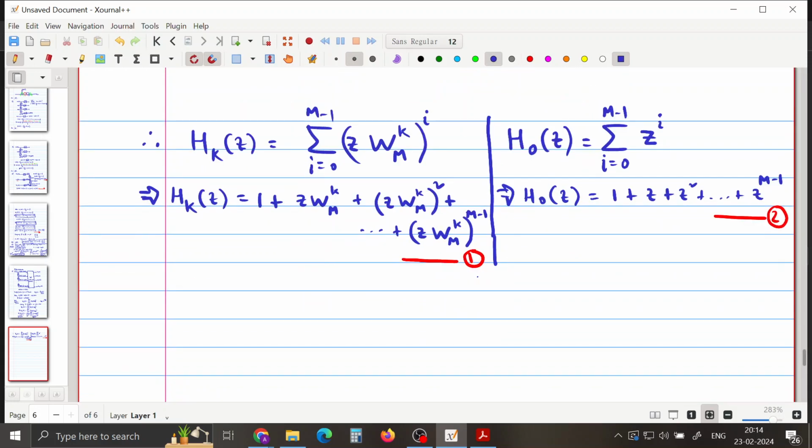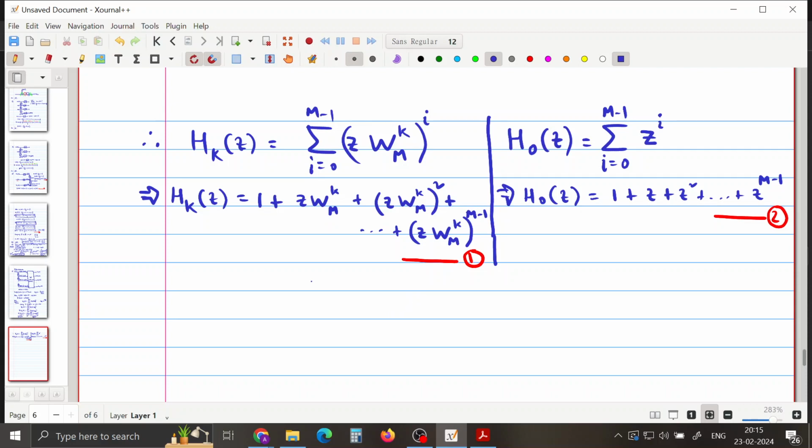If you compare these two equations, you can relate Hk of z with H naught of z. You see the form is the same for both of them. Both are sums of m terms, and the pattern is also the same: 1 plus x square plus so on till x to the power m minus 1. Only that x term is different in both cases.